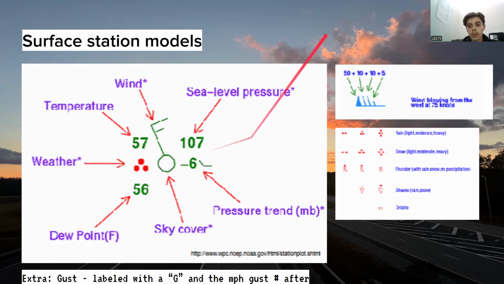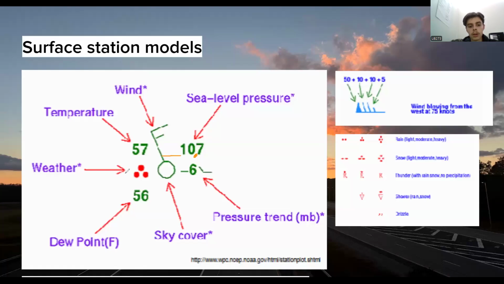Another thing I should have said is there's always a decimal here. So you're going to put a number here, whatever's closest to 1013, because that's basically neutral, not high or low pressure. So you could put a 9 or 10 here.